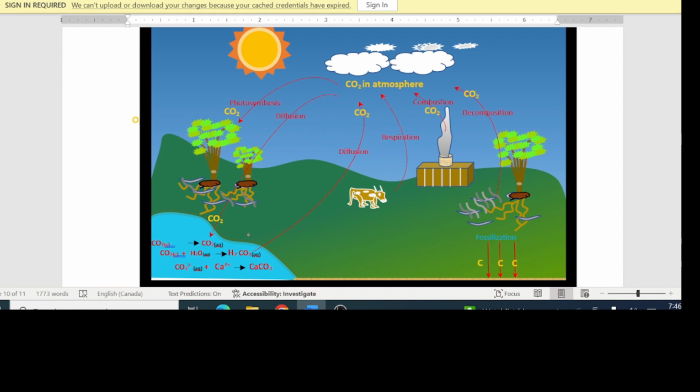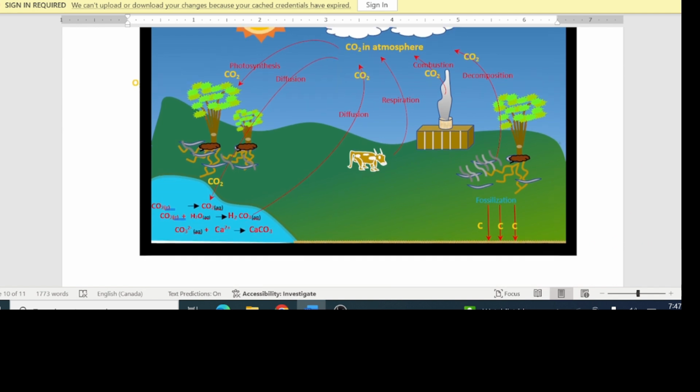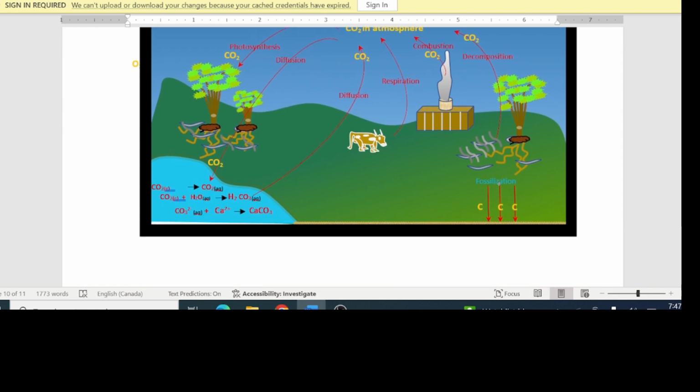Then there are a number of ways it can enter. Carbonic acid can decompose, and if it decomposes, it can produce some carbon dioxide here. Respiration gives carbon dioxide. Combustion gives carbon dioxide. Decomposition of dead bodies produces carbon dioxide. And of course, this one at the bottom shows you how carbon gets back into the earth through the process of fossilization.